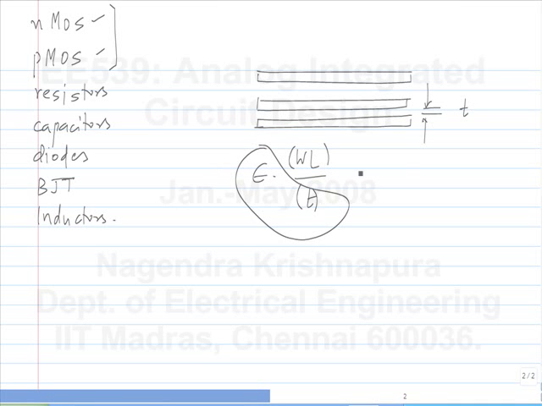So epsilon and t are combined together to give you a specification C area, which is basically the capacitance per unit area.